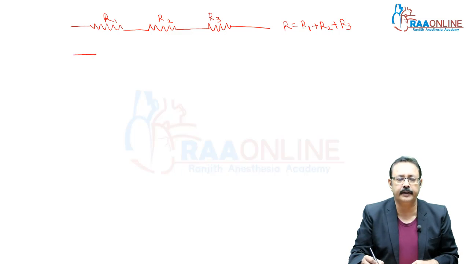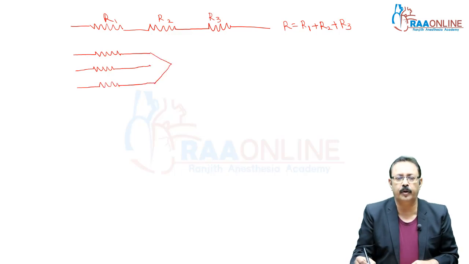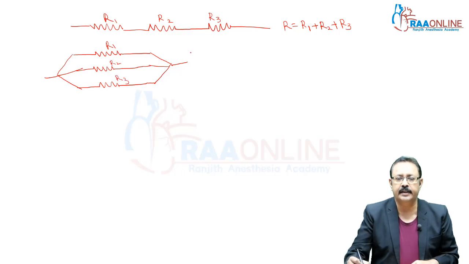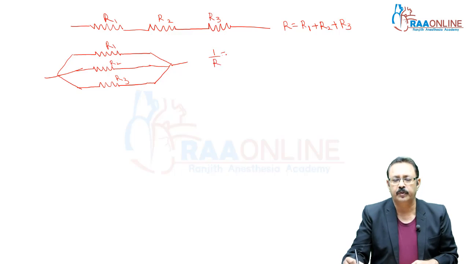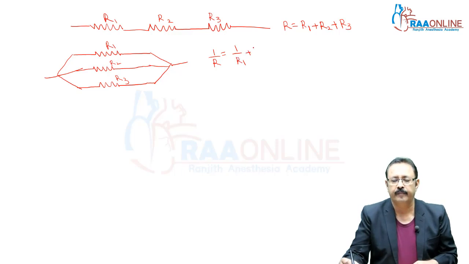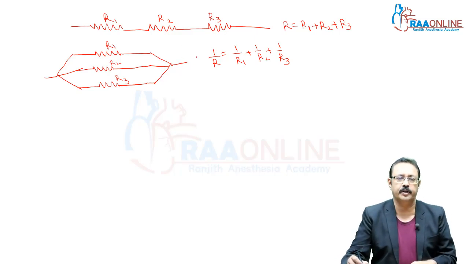But if you are connecting the resistances like this, means one end at one point, another end at another point, the equivalent resistance is given by 1 upon R equals 1 upon R1 plus 1 upon R2 plus 1 upon R3, just the opposite result of what you got for capacitors. Parallel, and this type of combination, series.